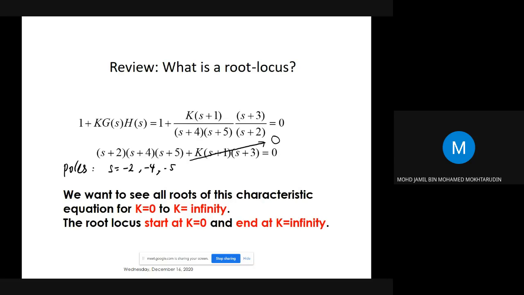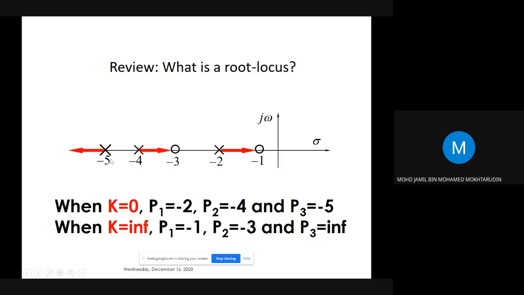You have 3 poles when k equals 0, and you plot poles using the cross symbol, at -5, -4, and -2.